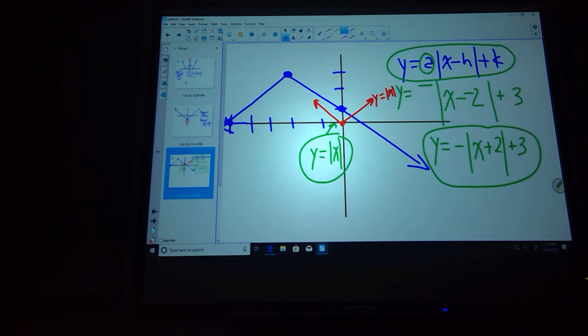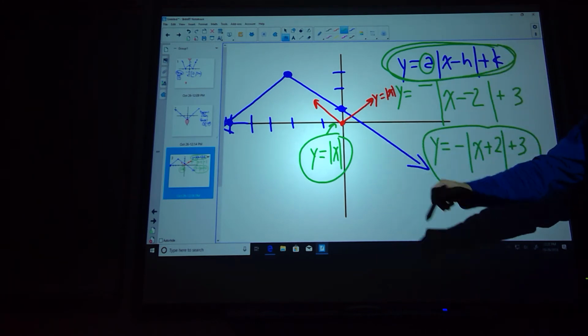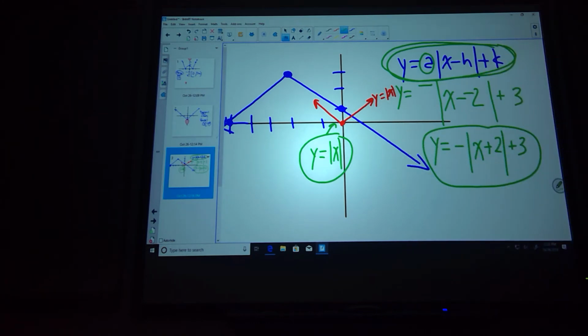Well, I had to have a negative out front. What did I do to make it go left 2? I had to have inside the absolute value x plus 2 because it went left. And then how did we make it go up 3? We have to have a plus 3 outside. So you don't really have to worry about this equation here. You just have to be able to look at that and say, what would make it move left? What would make it move up? What makes it flip upside down? That's it. Feel okay?